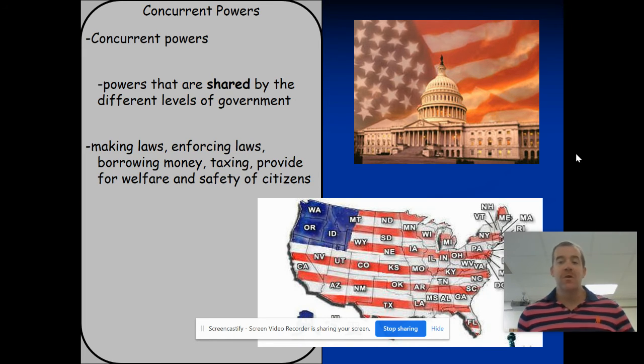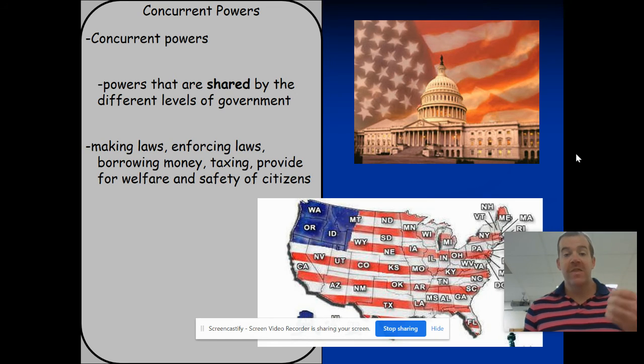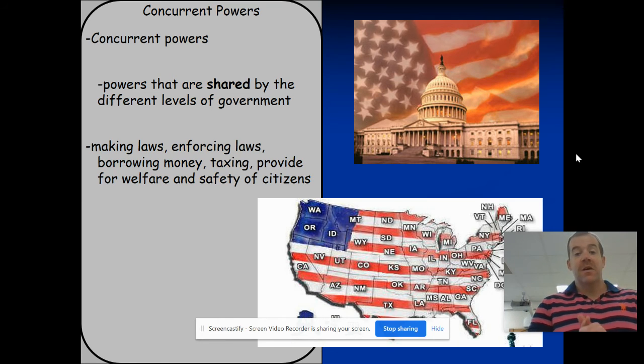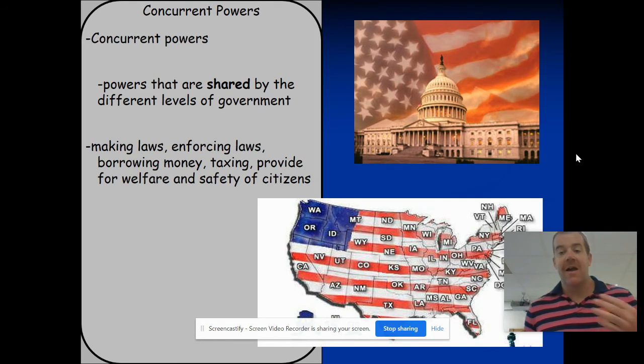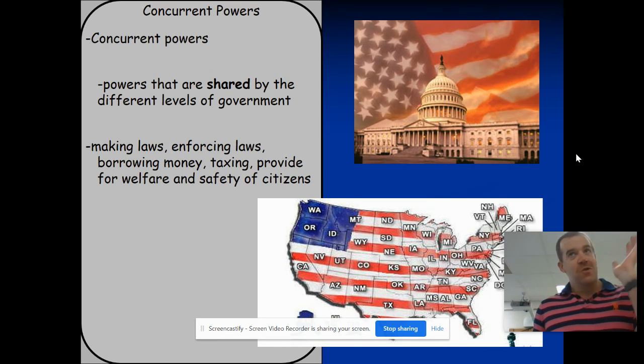A concurrent power is a type of power that the state government and the federal government both have. For instance, taxing people: the state government can do it, and the federal government can do it. When you become an adult, like I am, you pay taxes. You pay state taxes and you pay federal taxes.